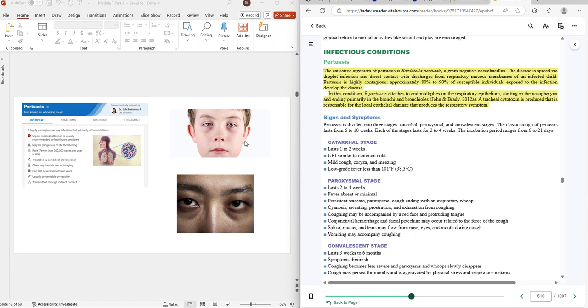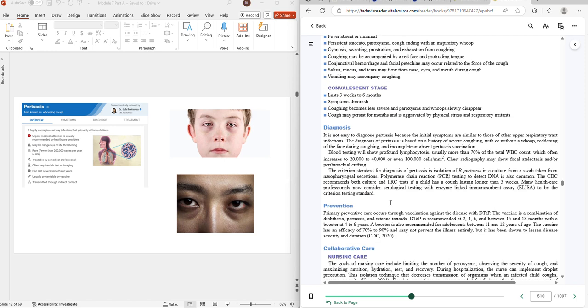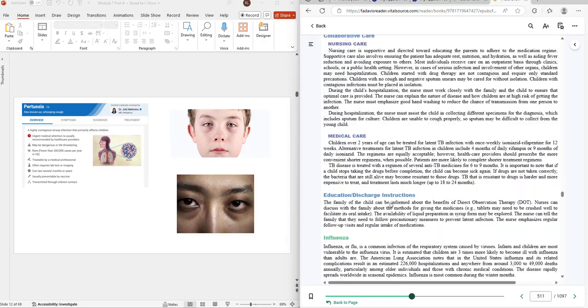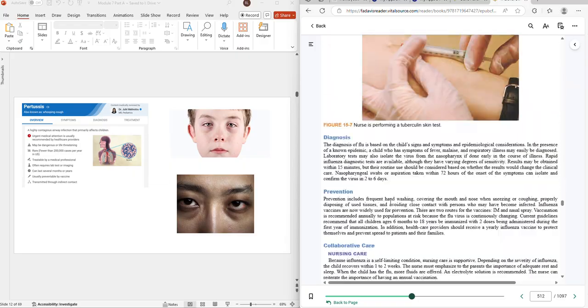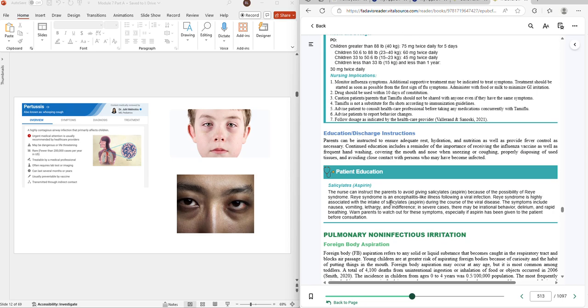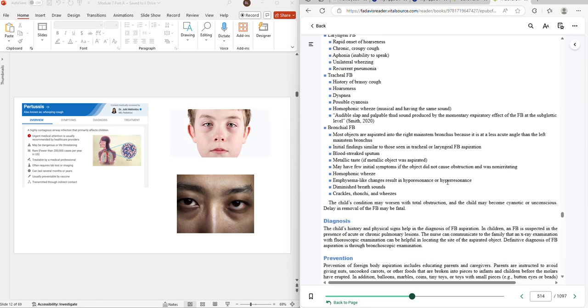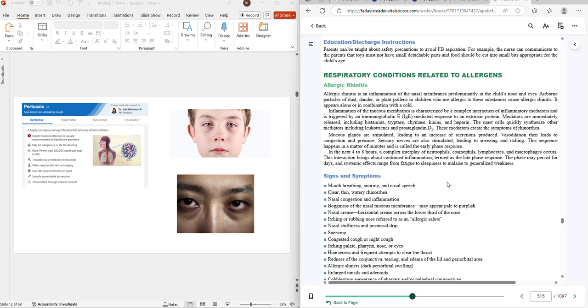There are some pictures of the allergic shiners in patients. You may see that. Let's talk about that on page 515. There's Tamiflu that's mentioned, of course. Foreign body aspirations, and then we're going to talk about allergic rhinitis. Very common in South Georgia, obviously, right?